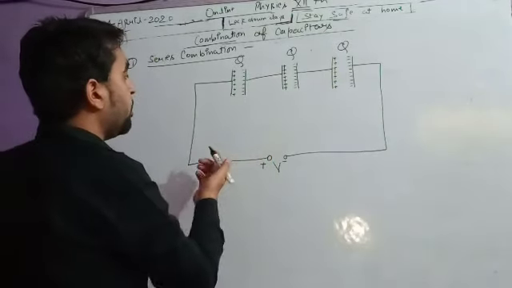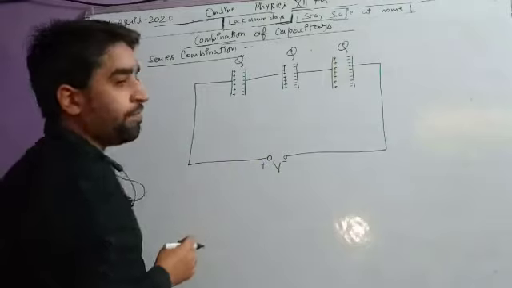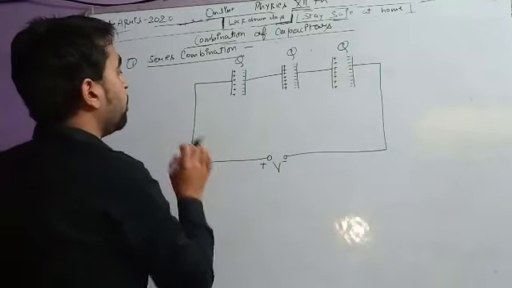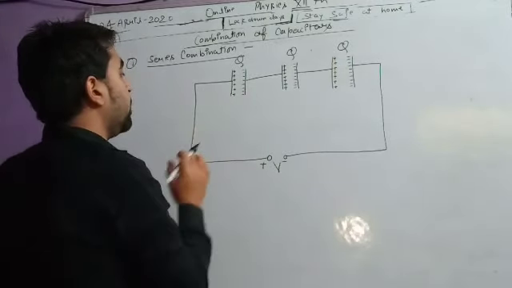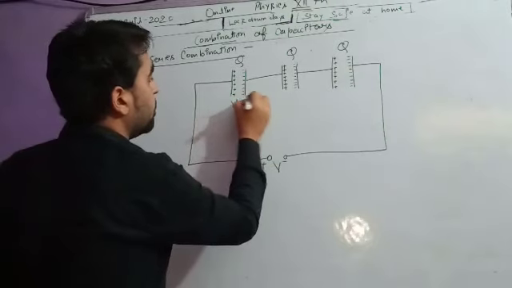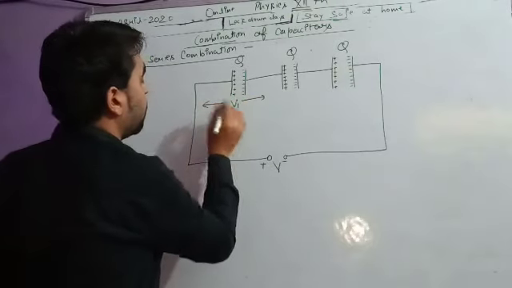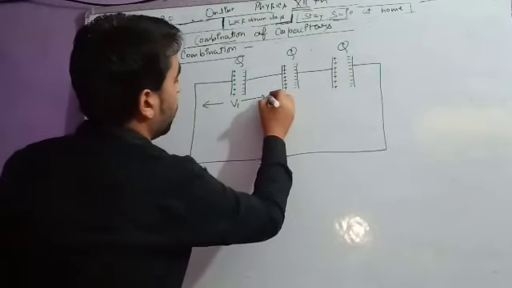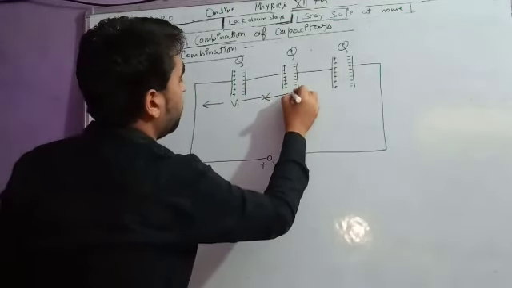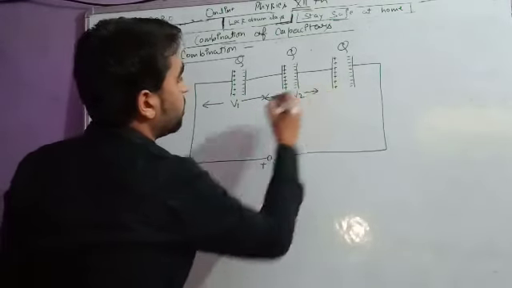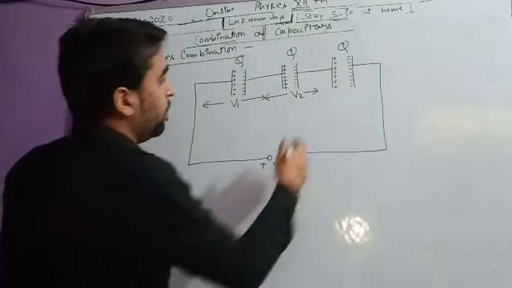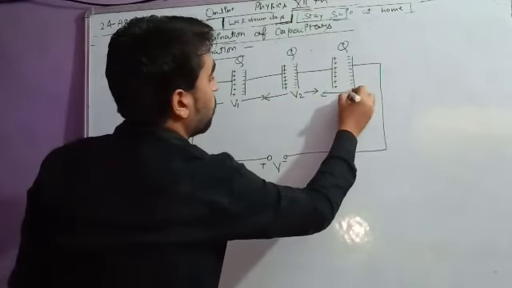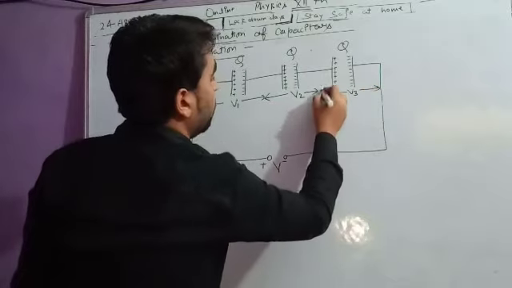The capacitance can be different for each capacitor, and the potential difference can also be different. Potential difference across this capacitor I have assumed V1, across this capacitor V2, and across this one V3.